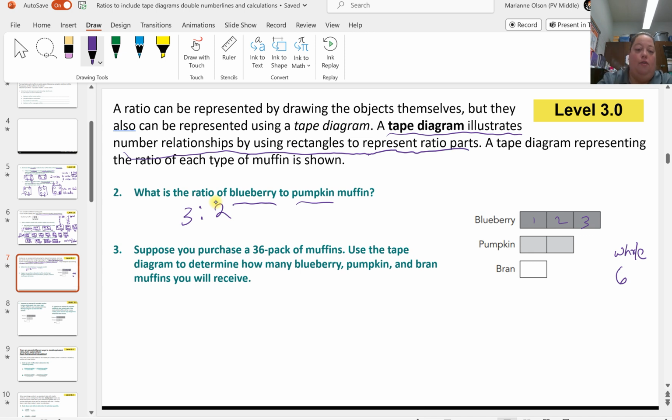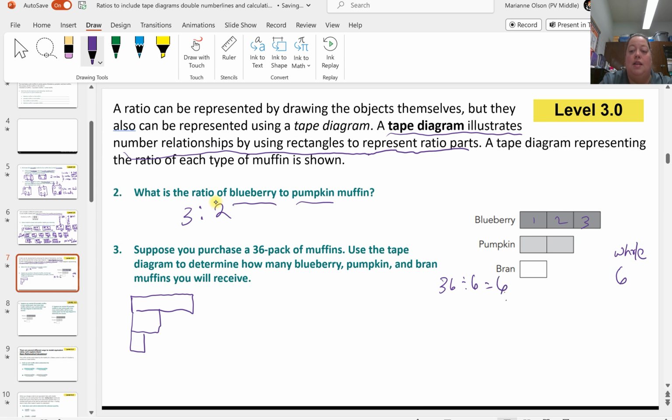If I know I have groups of 6, I can do a tape diagram. So I have 3, 2, and 1. I need to think, if I've got to get to 36, 36 divided by 6 is 6.